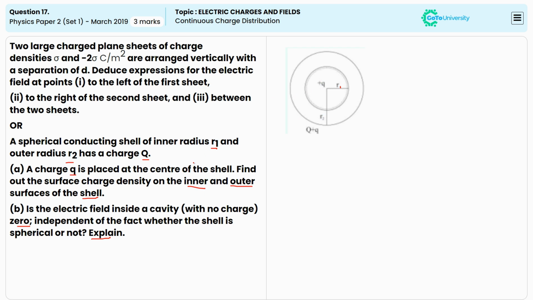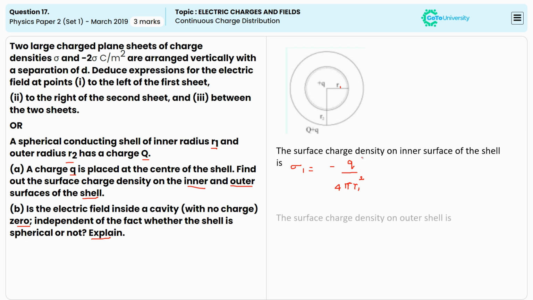Then the surface charge density on the inner surface of the shell, that is sigma 1, we can write as sigma 1 is equal to minus Q divided by 4 pi R1 square.